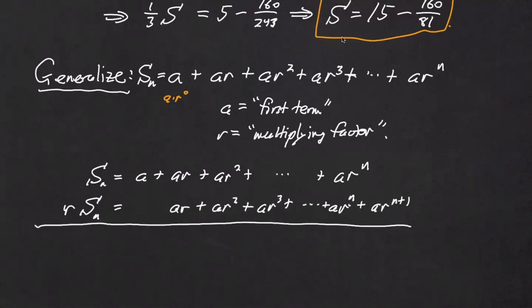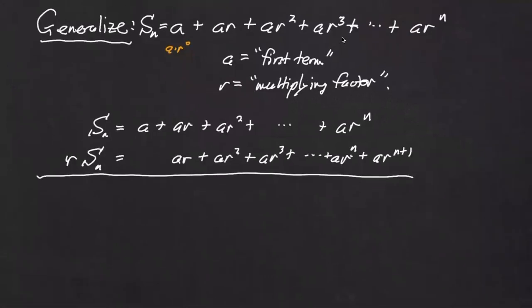And we get, well, let's just deal with this in a second. We get S sub n minus R times S sub n. And then we get A here, everything else cancels. Right, even the AR to the n's cancel. And we get minus A R to the n plus 1.